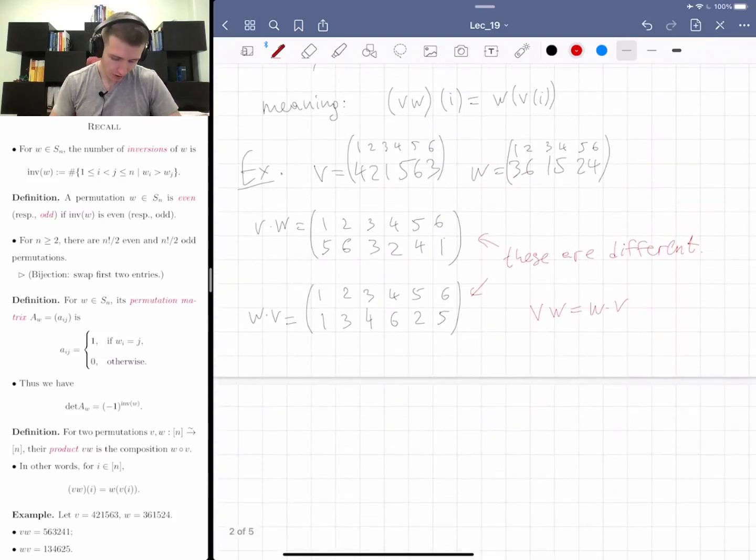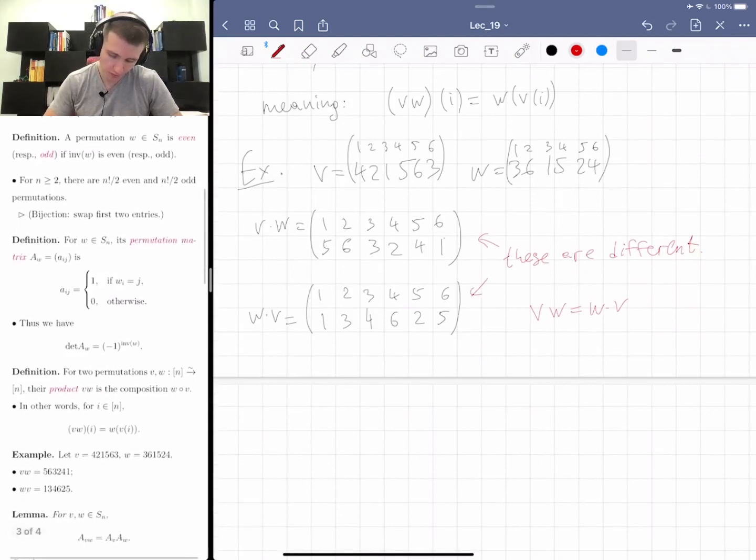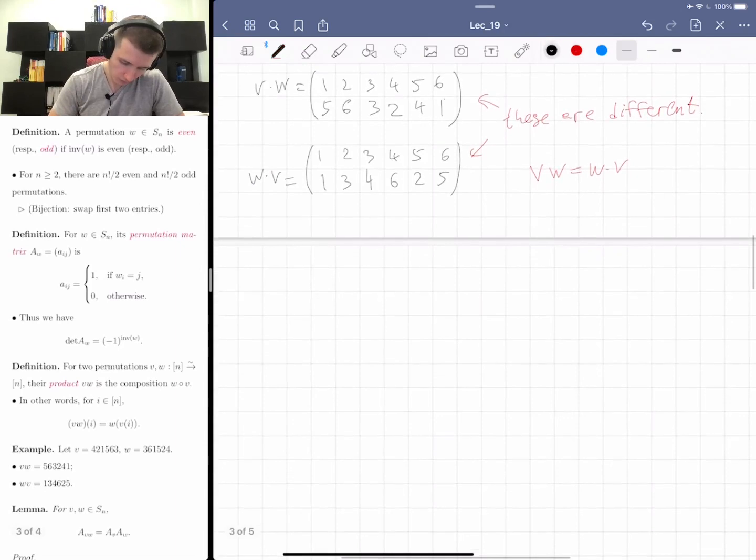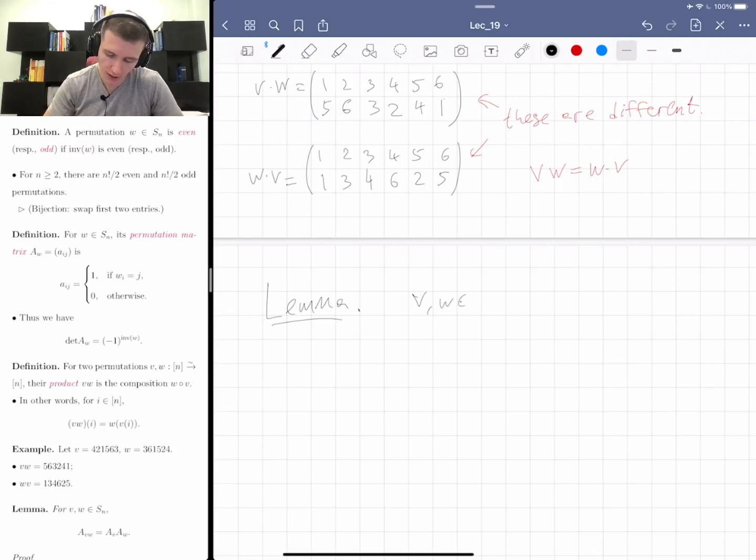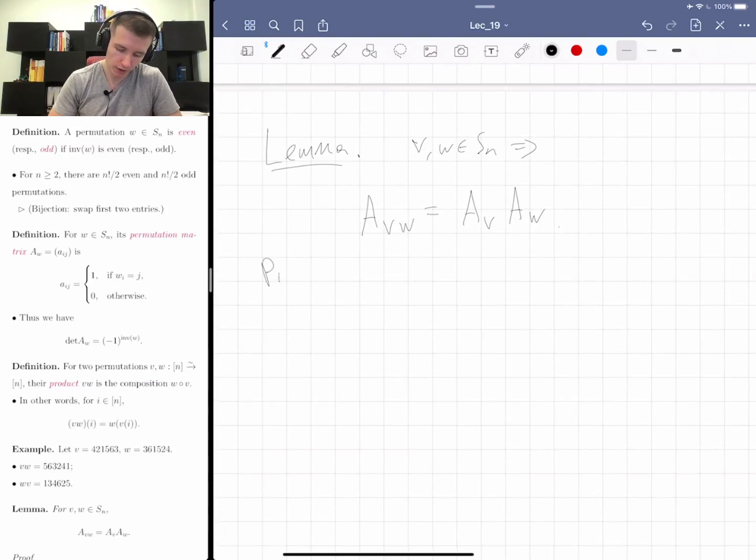All right, so now let me try to relate this to matrices. Lemma. If you have two permutations, V and W in S_n, then the permutation matrix of V times W is equal to the permutation matrix of V times the permutation matrix of W. And the proof is just by direct computation.